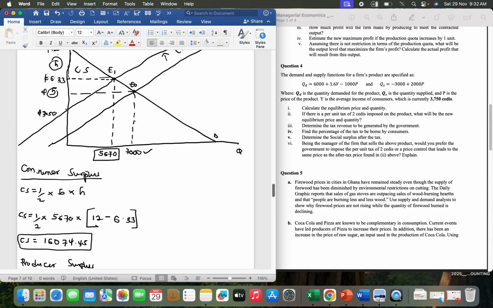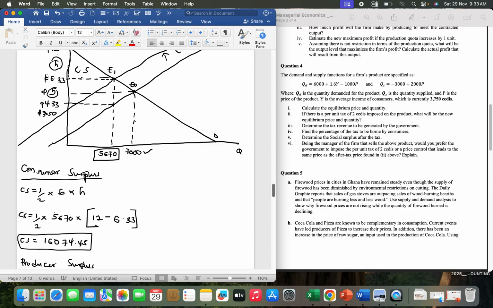If I want to deal with producers, 6.33 minus 2 would let me know what producers are paying. 6.33 minus 2 would give us 4.33.